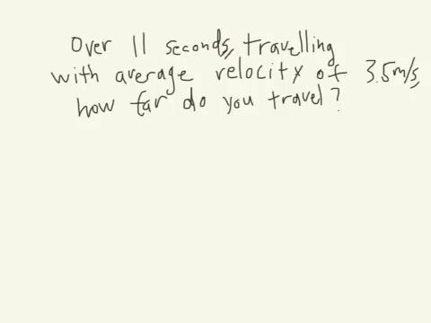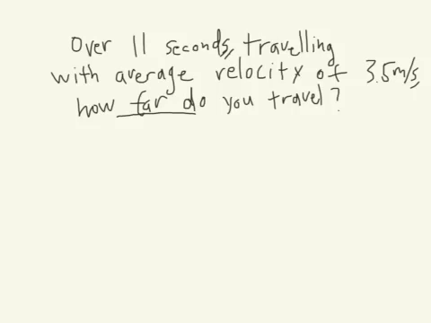A lot of times we'll have to find an equation that has, first of all, the variable in it that you're trying to solve for, which in this case would be displacement. So we'd have to recognize that how far we travel is a difference in position, which is a displacement.